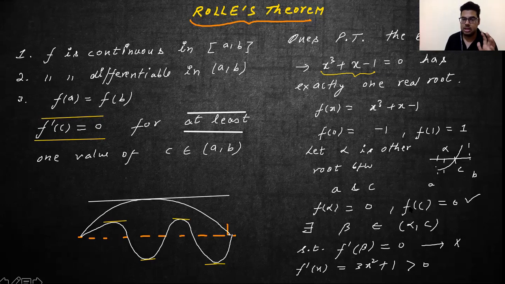Let us say that root is beta, a root of the derivative. So f dash beta should have been 0, but we know that the derivative is always positive. It is having no roots. So it simply means that the only root that we had earlier discovered, that was c, was correct, and there is no other root apart from c, right? So this is how we can prove using Rolle's theorem exactly one root in this manner.